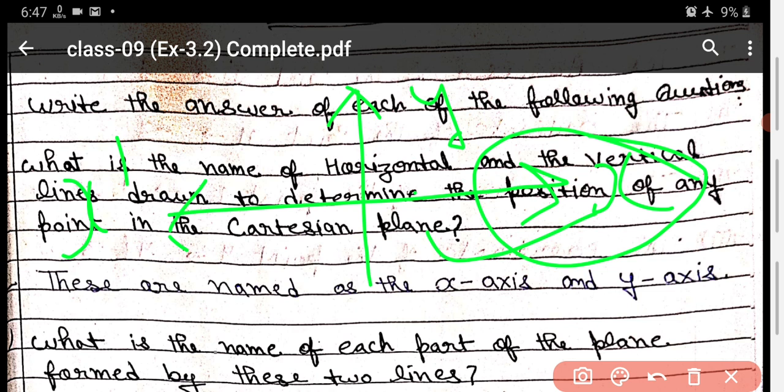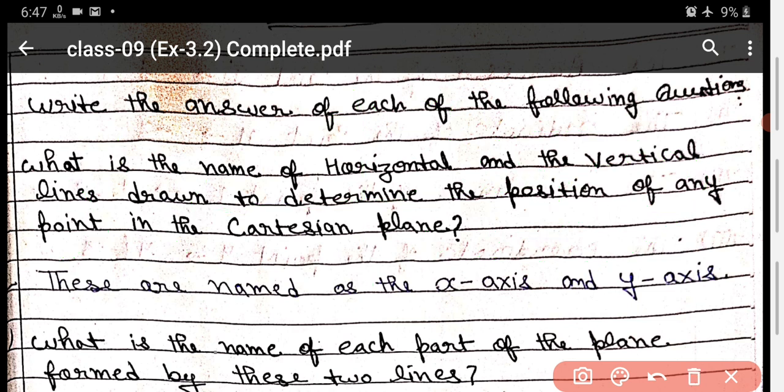The other name is abscissa. So what is the name of the horizontal and the vertical line drawn to determine the position of any point in the Cartesian plane? Your answer is x-axis and y-axis. It means the horizontal line is known as the x-axis, and the vertical line is known as the y-axis. You can write it like that, or you can simply write these are named as x-axis and y-axis, because they are asking the names of the lines. So this is your answer.